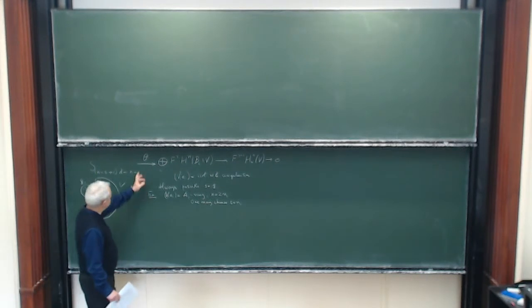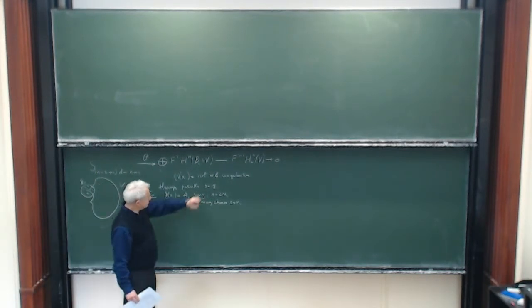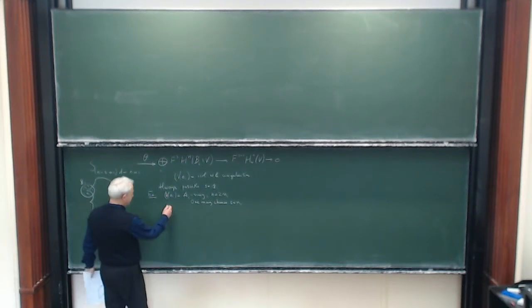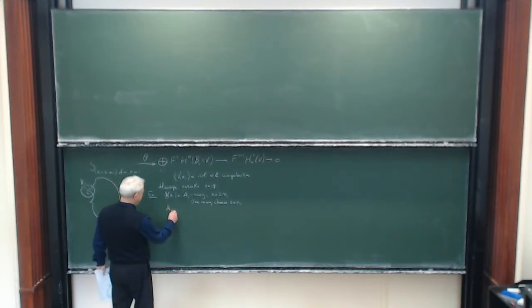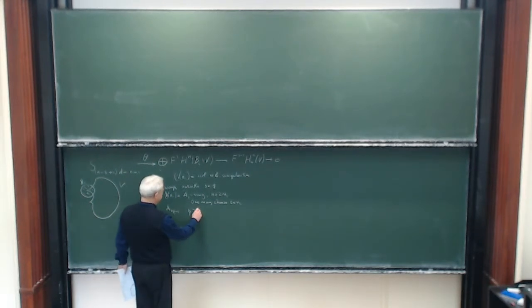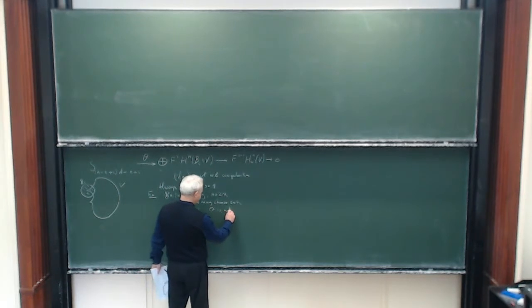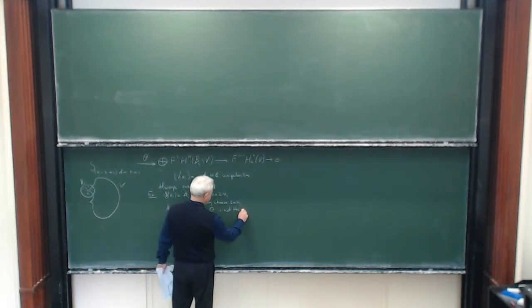And also, this mapping, in the case of nodes, is just the evaluation mapping of some homogeneous polynomial at the singularities. But in general, as we have seen, even for singularities of the type A_{p-1}, for p strictly bigger than 1, theta is not the evaluation map.